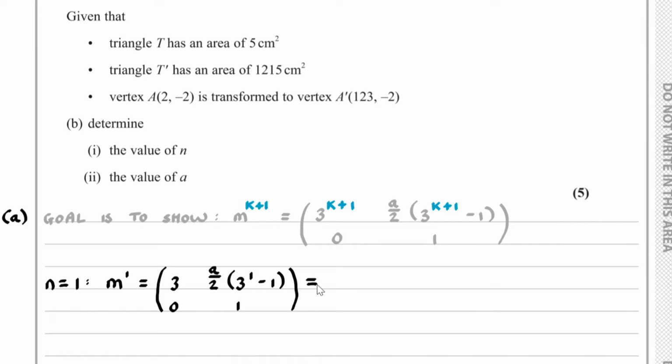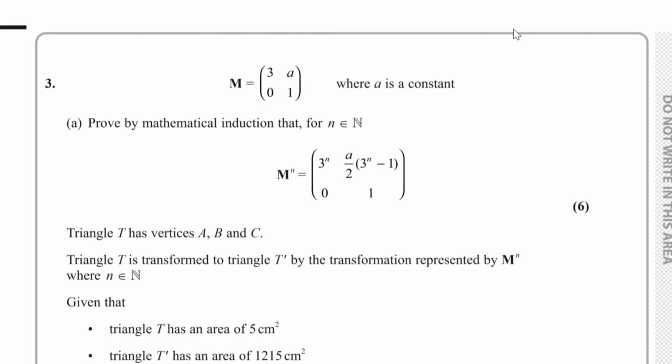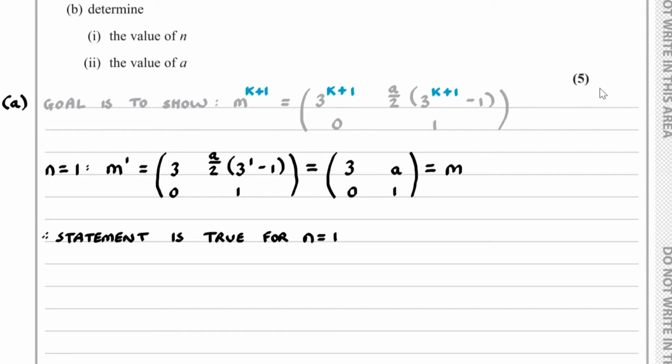And so if we work this out, we have 3, 0. Now here we have 3 to the 1, which is 3. Subtract 1, that's 2. And I'm multiplying 2 by a over 2, so that's just a. And then we have 1. And M to the 1 is therefore equal to M, which is what we see here. So the statement is true for n equals 1.